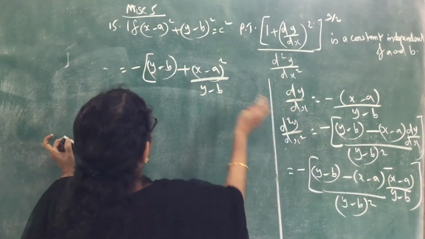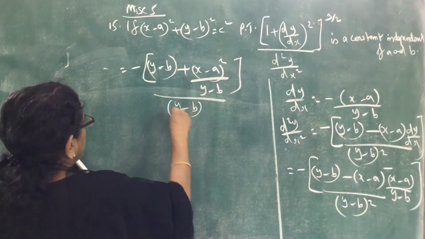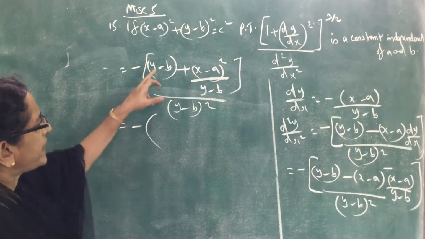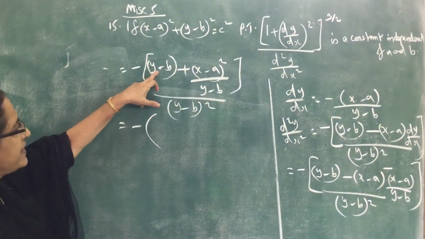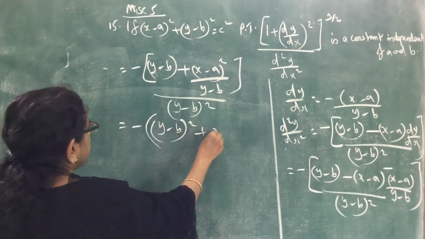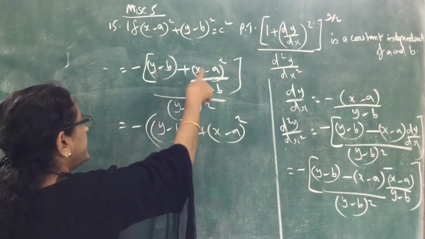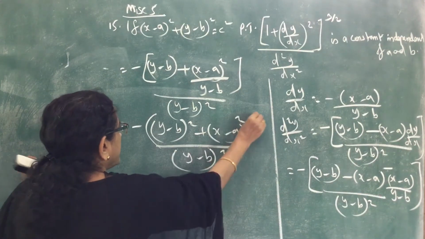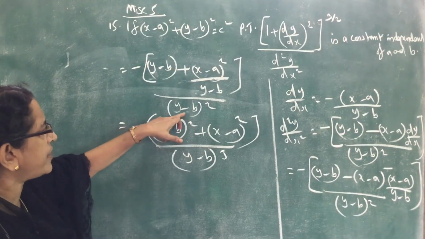This is the numerator, whole divided by the denominator (y − b)². That is equal to minus of, finding the LCM, [(y − b)² + (x − a)²]/(y − b), whole divided by (y − b)². So what we get is (y − b)³ in the denominator.